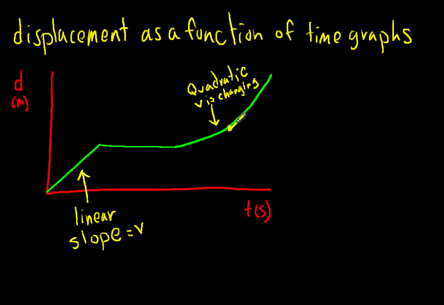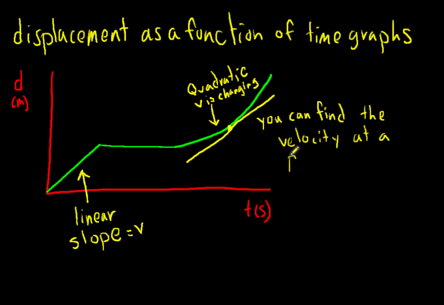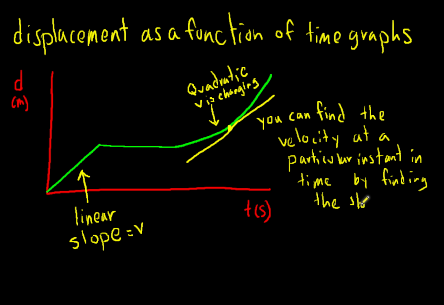You can still find the velocity on this curved graph by plotting a tangent line to whatever point we're interested in. You can find the velocity at a particular instant in time by finding the slope of the tangent line to the curve at this point.